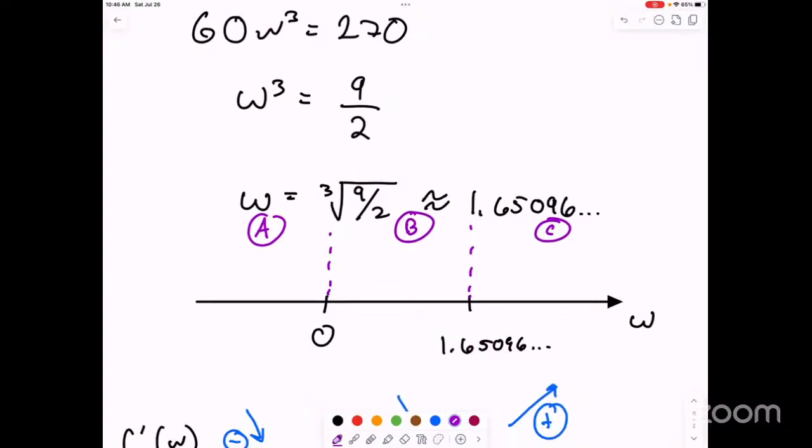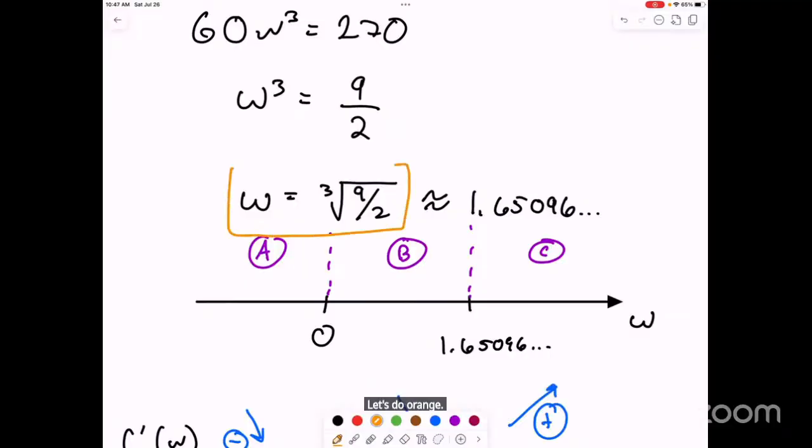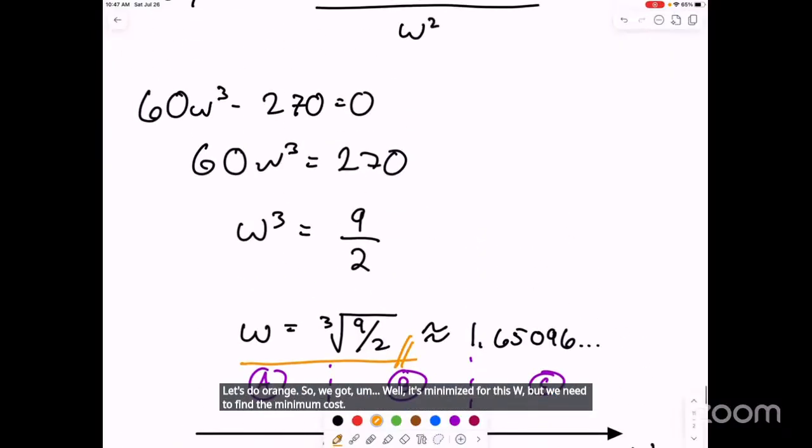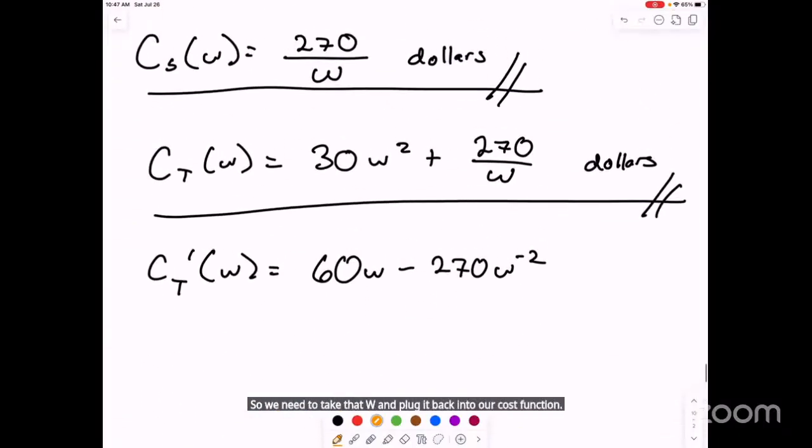Let me kind of create a little bit of space. And let's do orange. So we got, well, it's minimized for this W, but we need to find the minimum cost. So we need to take that W and plug it back into our cost function.